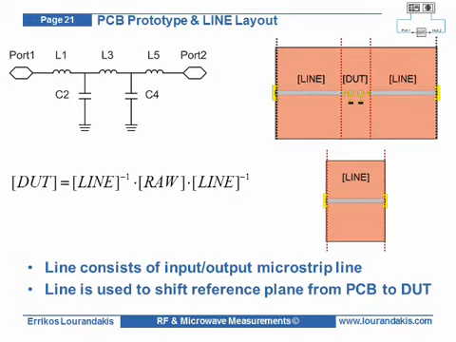The DUT S parameters are then obtained from the raw parameters by removing the contribution of the lines. For doing so, we use ABCD network parameters here. The final de-embedded parameters of the DUT are calculated by transforming back the ABCD matrix into S parameters.